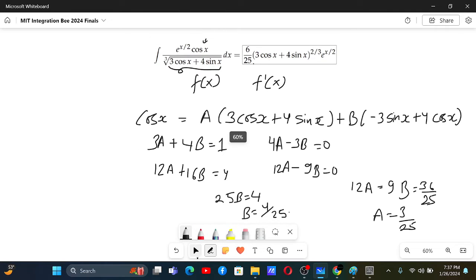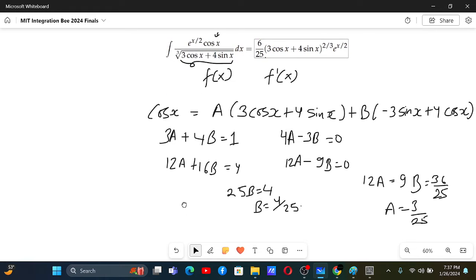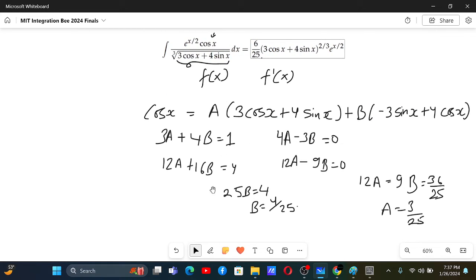Now let's try to write the integral in terms of the function and its derivative.